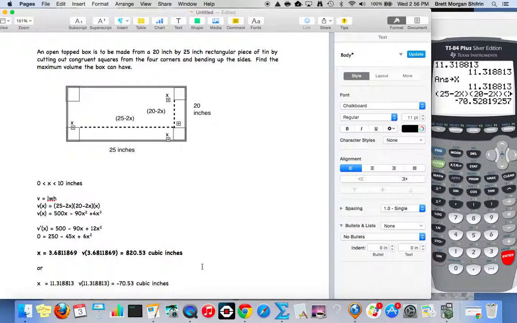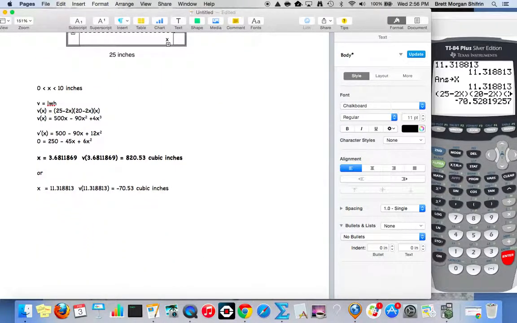So my final answer to all of this is that the maximum volume of this box is 820.53 cubic inches when one side of the congruent squares is 3.6811869 inches.